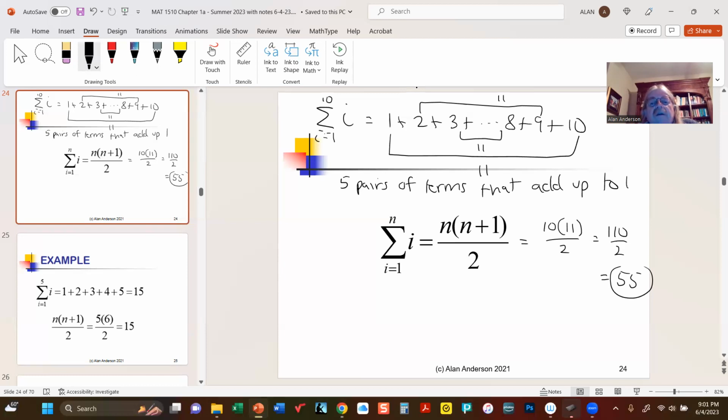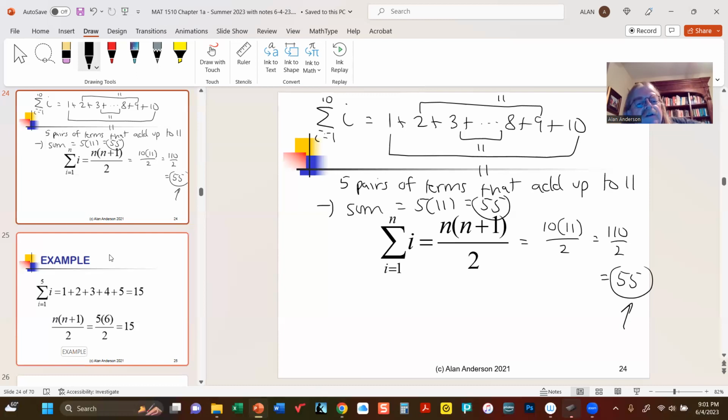And therefore, the sum must be 5 times 11, which is 55. So that's the logic behind this formula. You're basically taking pairs and adding them together.